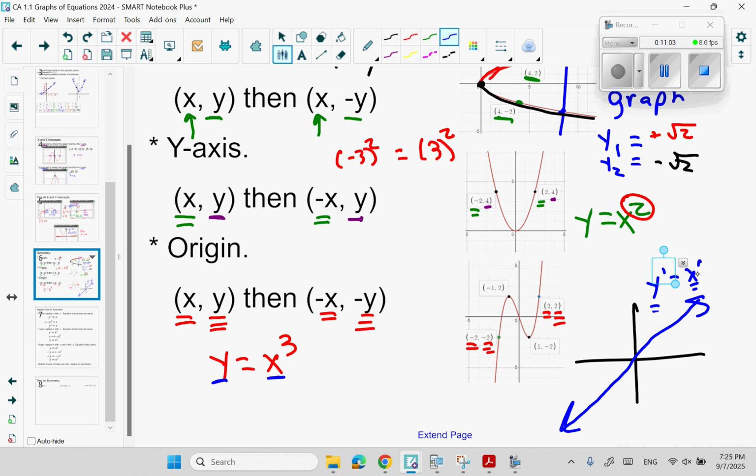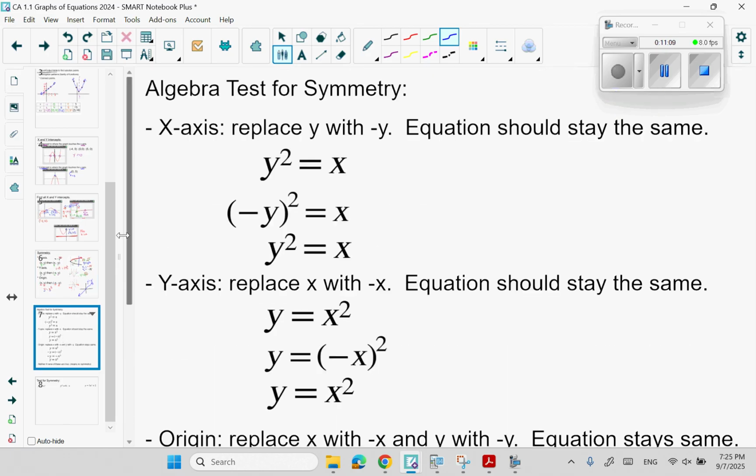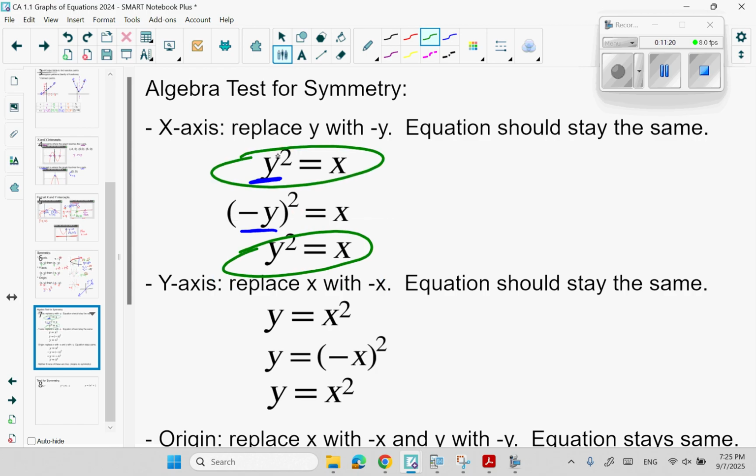So that leads naturally to how can we deduce what is symmetrical or not? Well, the best symmetry tests are as follows. If I'm able to replace the y with a negative y, and I still get structurally the same equation as I started with, they are symmetrical across the x-axis.